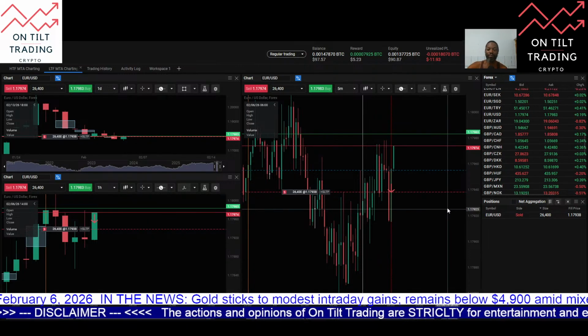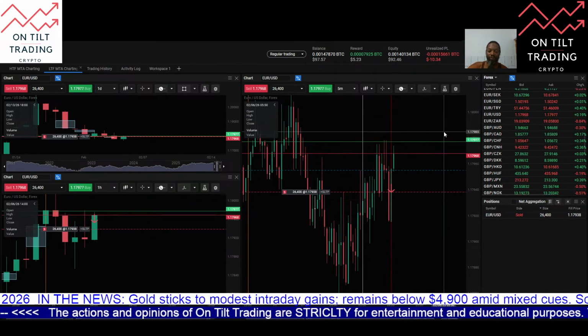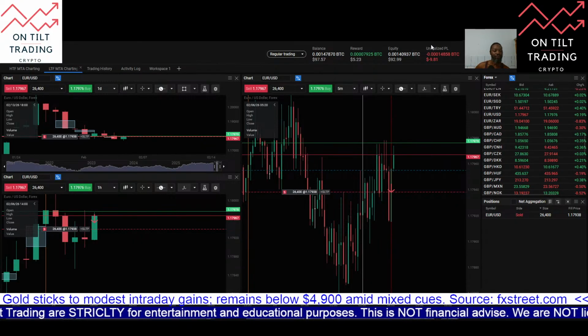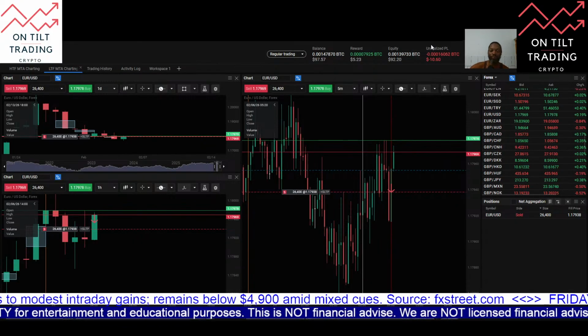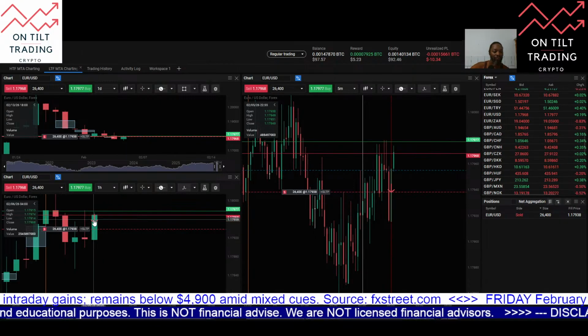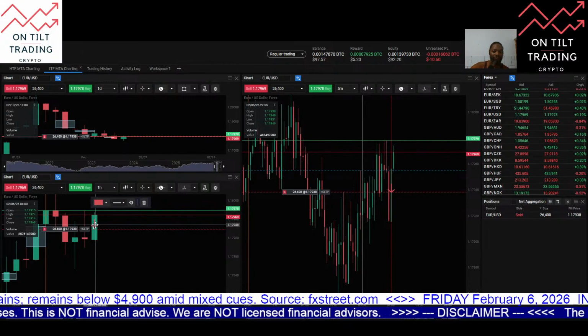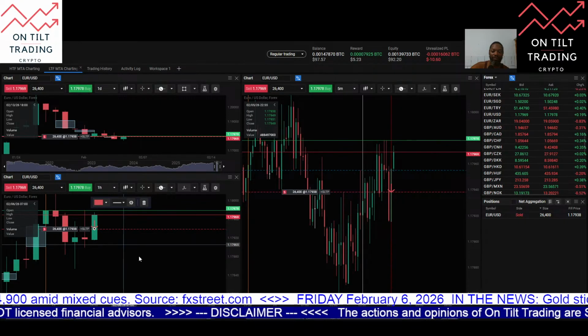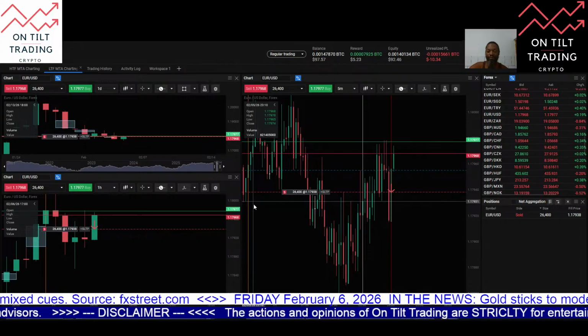As you can see, price literally just pulled right back to my stop here. So I would want to see some serious delivery here to the sell side.